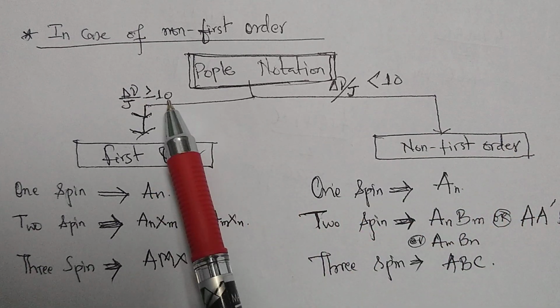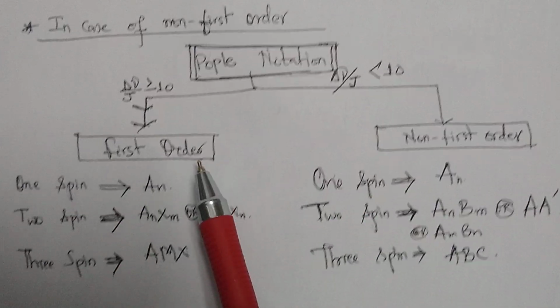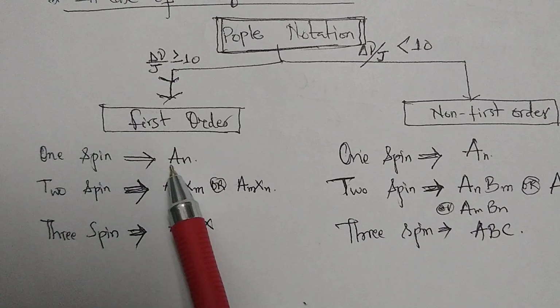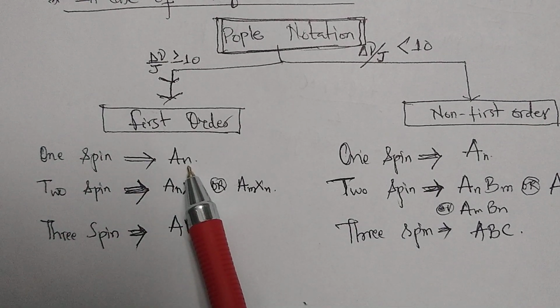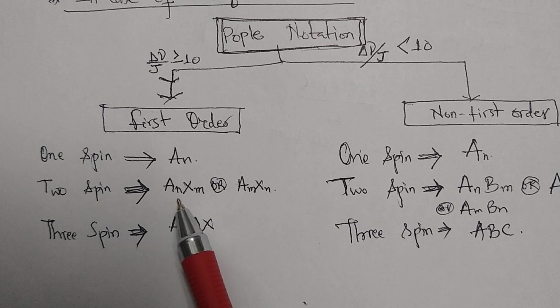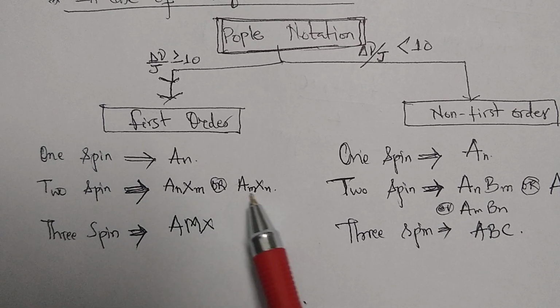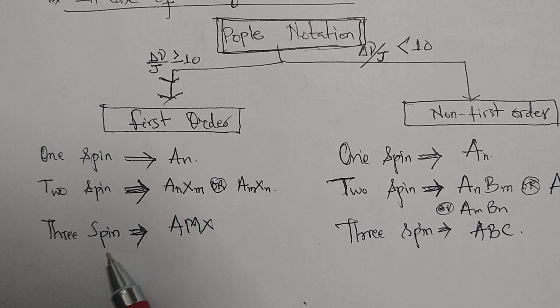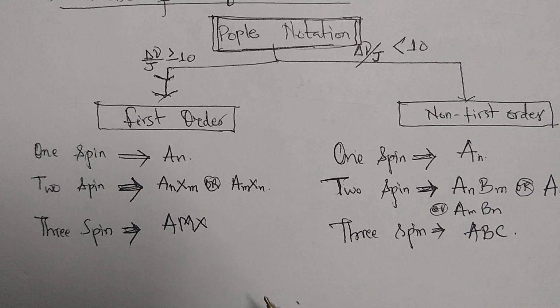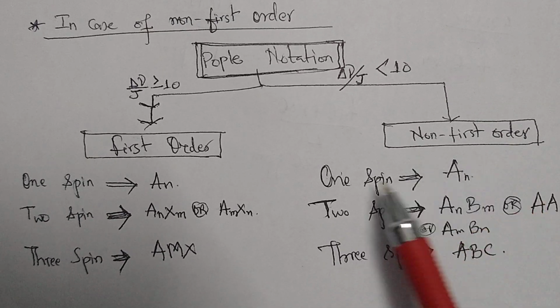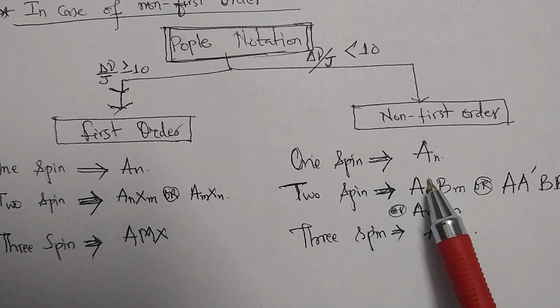And if it is greater than 10, then it will be first order, in which we have seen that the 1-spin system is AN, the 2-spin system is ANXM or AMXN, and the 3-spin system is the AMX system.